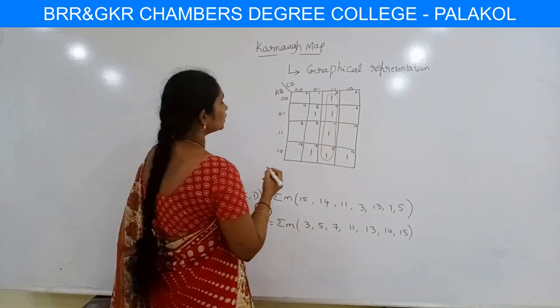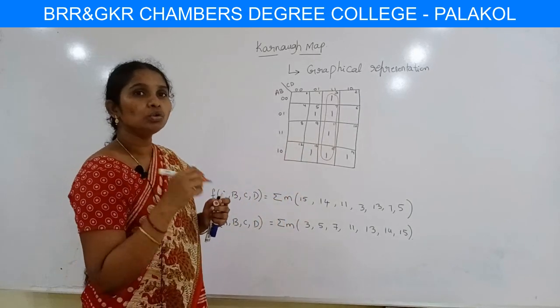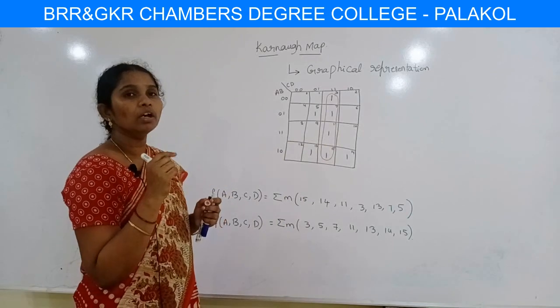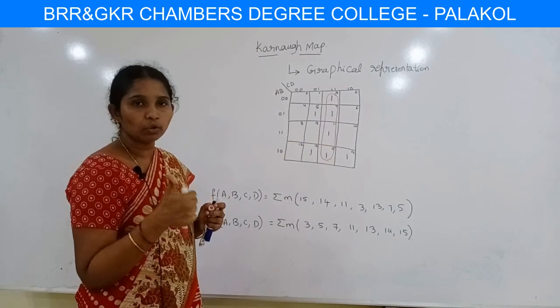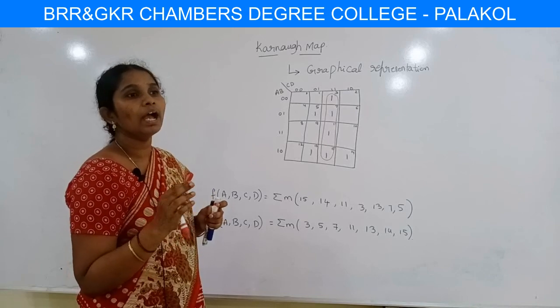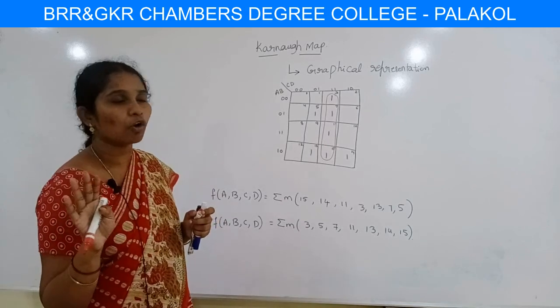Okay, and after that 4 is completed, and after that you have to do 2. So that means you can form a loop of only one, a loop of 2 ones, a loop of 4 ones, and 8 ones also form a loop. So likewise we have to form loops.